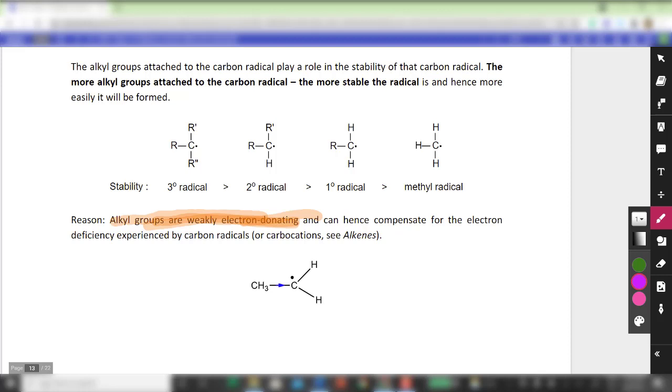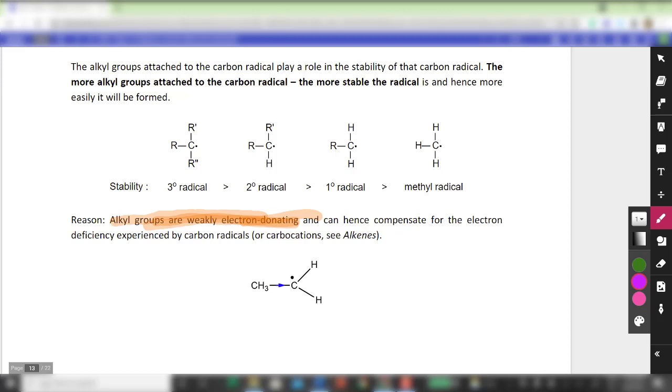But this portion is a bit confusing for most students, because the term electron donating, unfortunately often used in chemistry, is a bit misleading. Some students will think that electron donating means that they actually donate electrons, like treating electrons as though they are tangible objects. That is not the case.